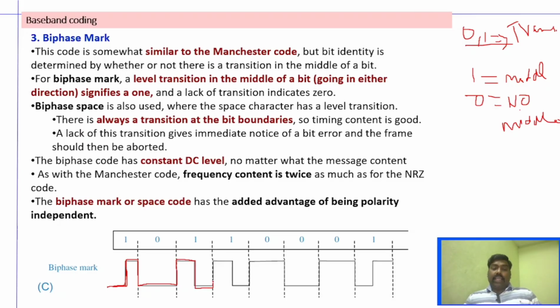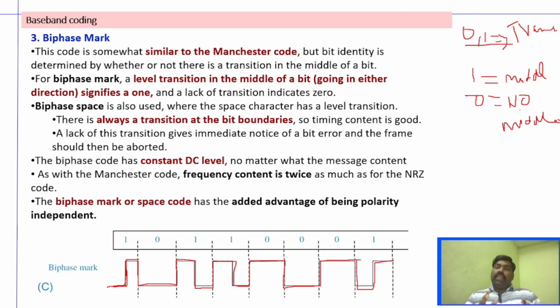Again there is a transition at the start of the bit. For 1 you will have a middle transition, and for 0 you will have only the first transition, no middle transition. Again it's 0, so you have only the first transition, and again 0, only the first transition, no middle transition. For the next bit it is 1, so you will have the first transition and then the second transition.